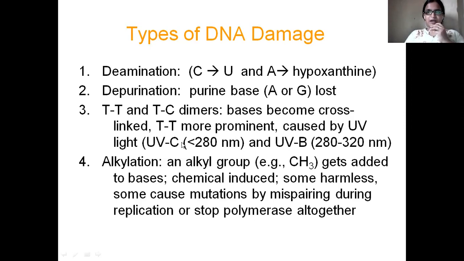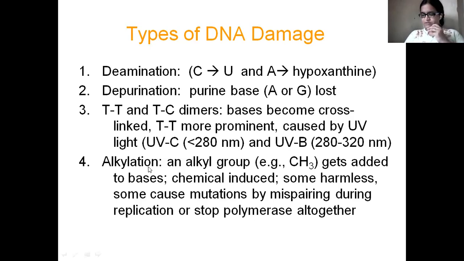When an organism is exposed to UV light of more than 280 nanometers wavelength, this light is called UVC or UVB, which has a wavelength of 280 to 320 nanometers. In both the cases, the organism can have TT dimers or pyrimidine dimers.